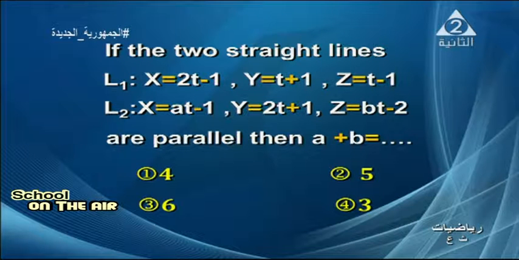But when two straight lines are parallel, the rule is a1 over a2 equals b1 over b2 equals c1 over c2.